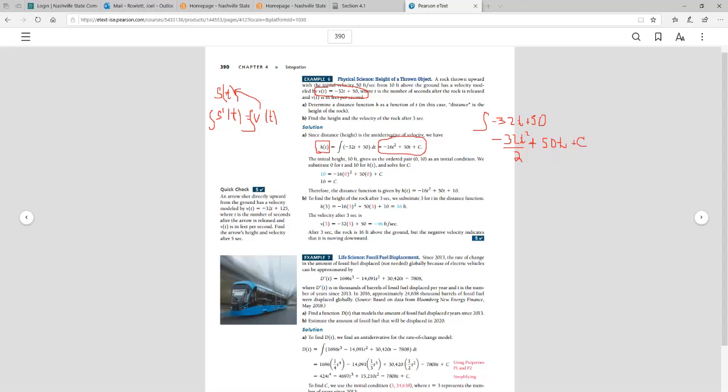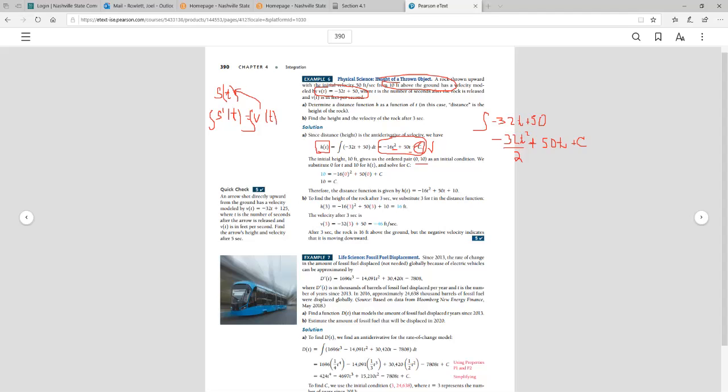And now we know the height function. You tell me the time t and I'll tell you the height. Well, they tell us that when the time is 0, this thing is thrown from a height of 10 feet, right? It's 10 feet above ground when it's thrown. So we plug in 0 for t here and here, and that tells us the constant has to be 10, because that's the initial height above ground.